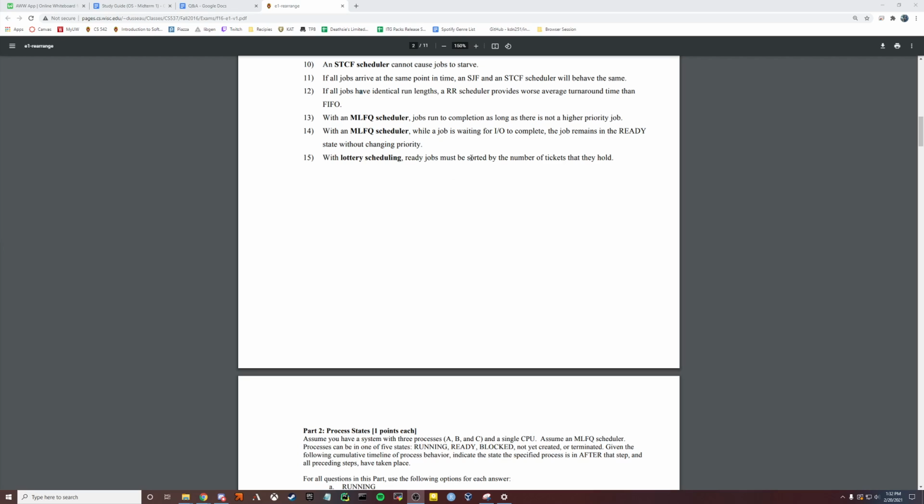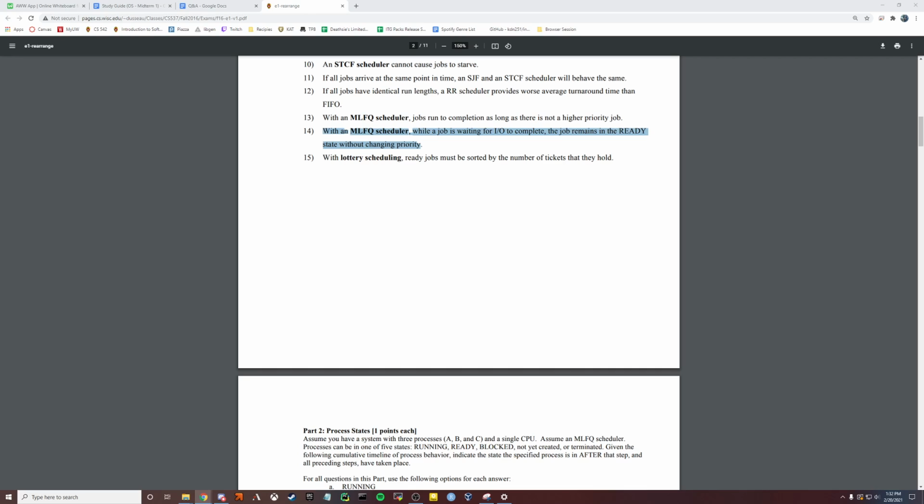There we go. So now we're on 14. With an MLFQ scheduler, while a job is waiting for IO to complete, the job remains in the ready state without changing priority. Isn't it in a blocked state? Yeah, I think that's right. I was just reading about this in the textbook. I don't know anything about MLFQ.